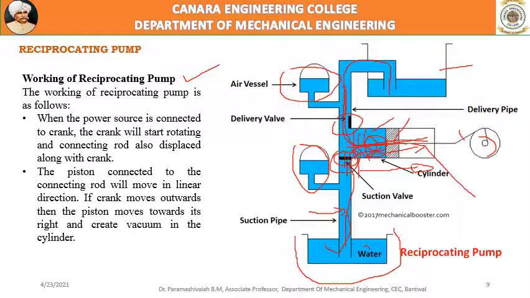That means delivery takes place only during one stroke of the piston, the delivery stroke. During the suction stroke, there is no delivery. So the delivery is intermittent, it is not continuous. In order to make it continuous, the arrangement is done in the form of an air vessel.